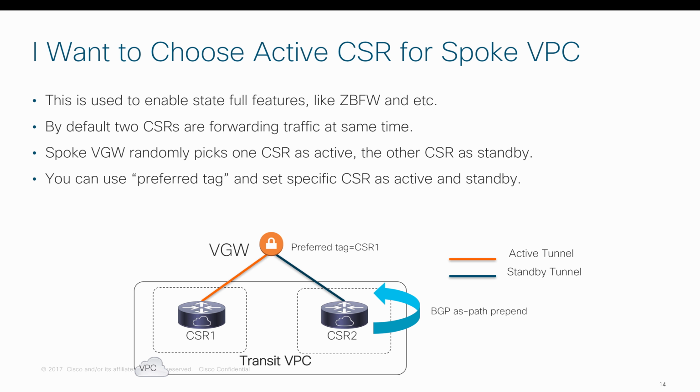Based on the BGP path selection, a shorter path will be preferred. So it will choose the CSR1 as active and CSR2 as standby. This preferred tag will only work when you add the connection. If you have the connection already, this tag will not trigger the Lambda function. So just make sure you add the tag when you build the connection.